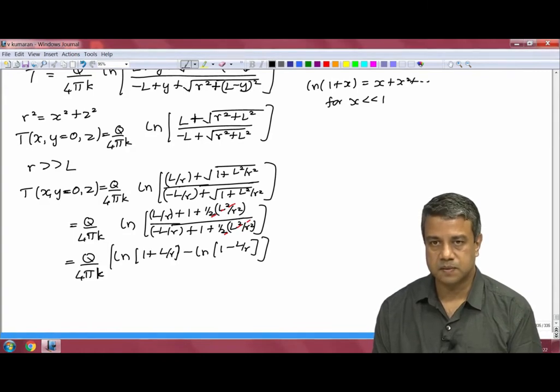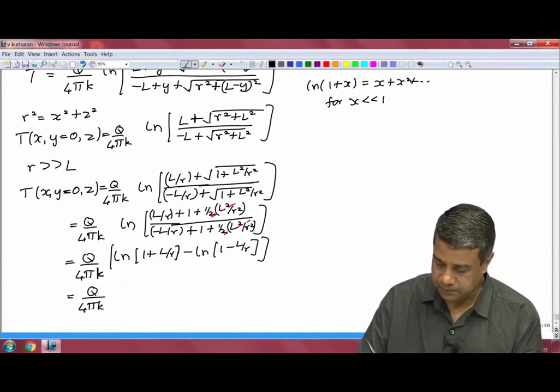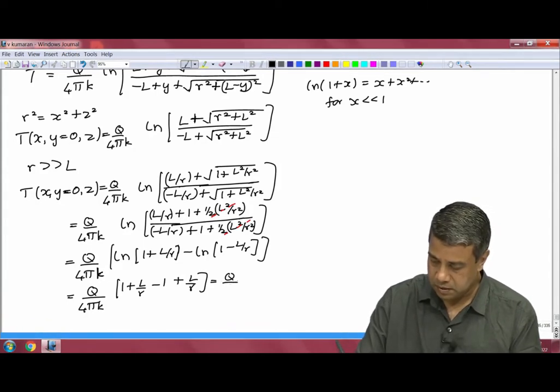So, I can use that expansion for the natural logarithm, and I will get q by 4 pi k into 1 plus L by R minus 1 plus L by R.